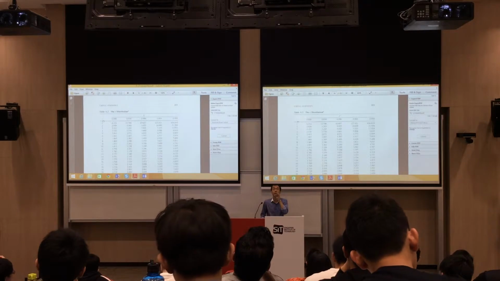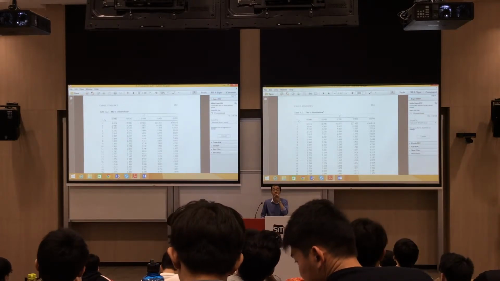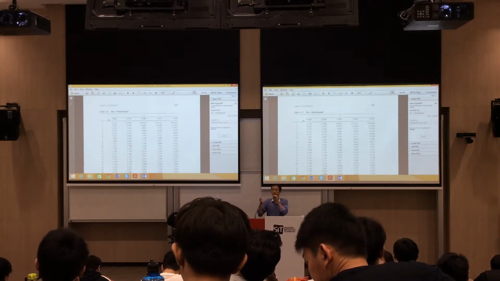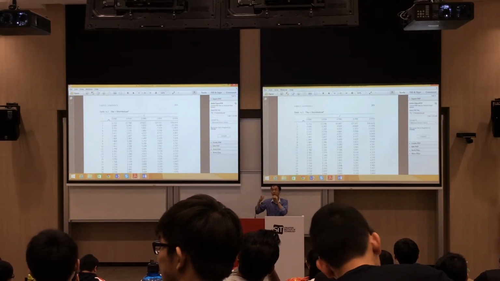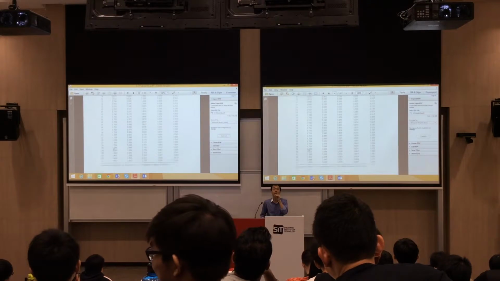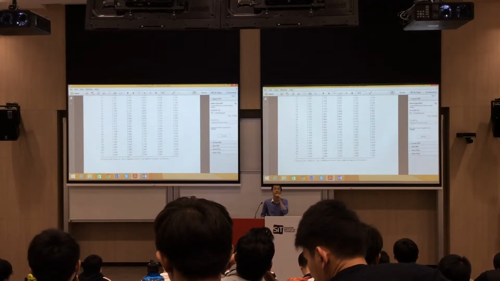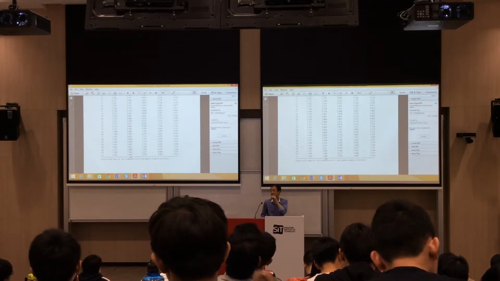as the degrees of freedom approach infinity, the T distribution becomes the Gaussian distribution. If we look at the degrees of freedom of infinity, the 95% confidence limit is actually 1.96.